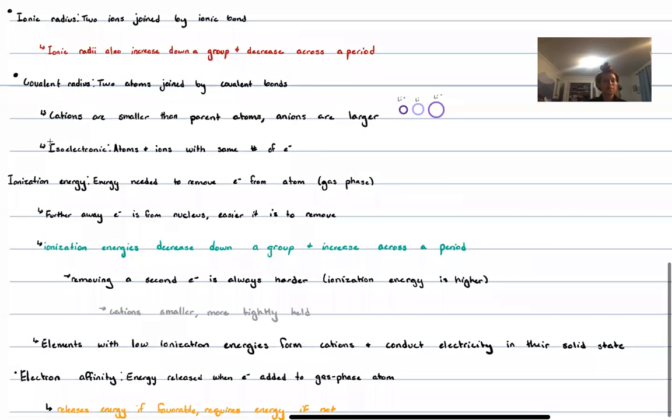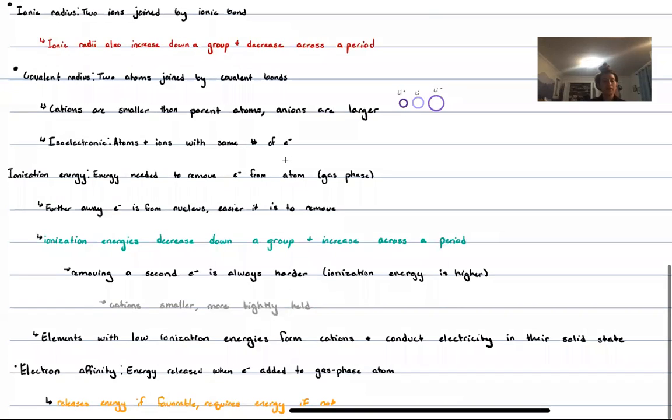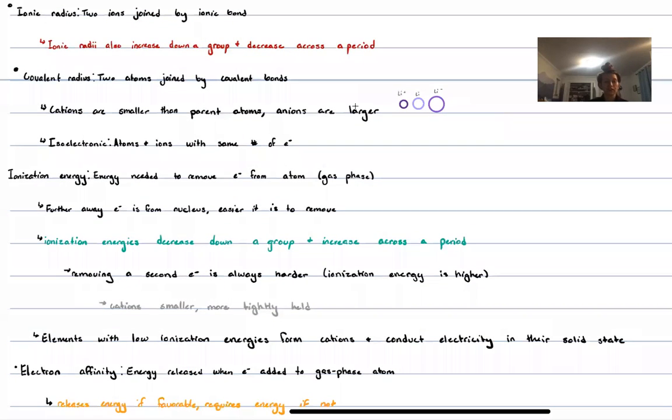And in the case of isoelectronic, those are atoms and ions, anything like that, that have the exact same number of electrons because they either gain some or they remove some. Normally we're given a bunch of isoelectronic atoms, and we have to figure out what's going to have the biggest radius and what's going to have the smallest radius. So being able to follow that pattern and understand this might be important.